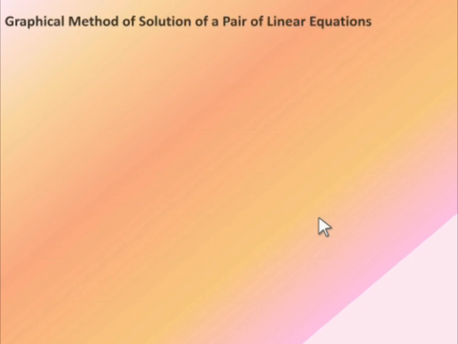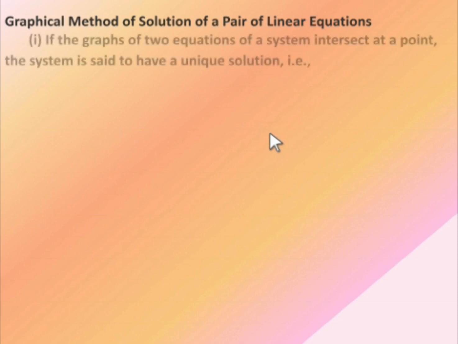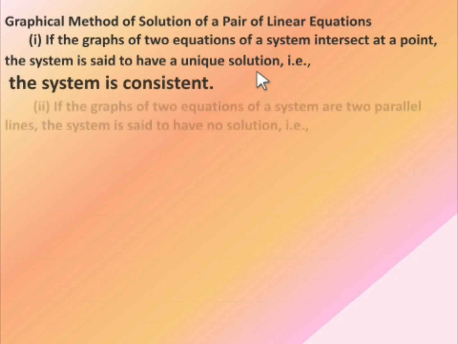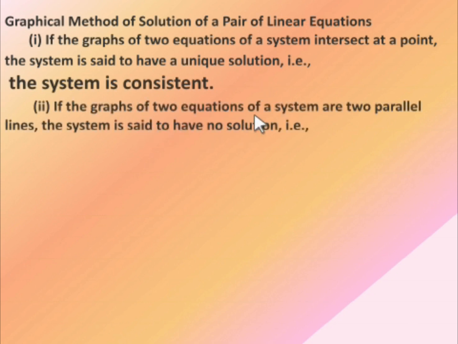Now, the graphical method of solving a pair of lines. This is what we were studying. We'll try to once again see whatever we have done. The graphs of two equations of a system intersect at a point. The system is said to have a unique solution and the system is consistent. But if the graphs of the two equations are parallel lines, the system is said to have no solution and is called inconsistent.